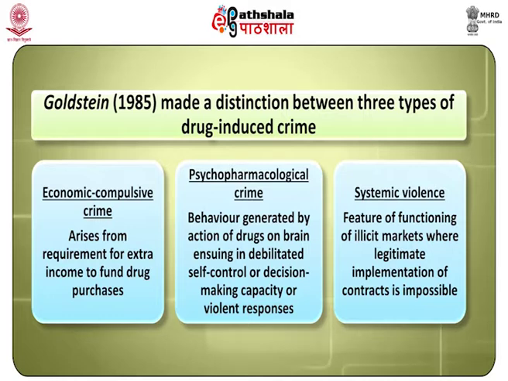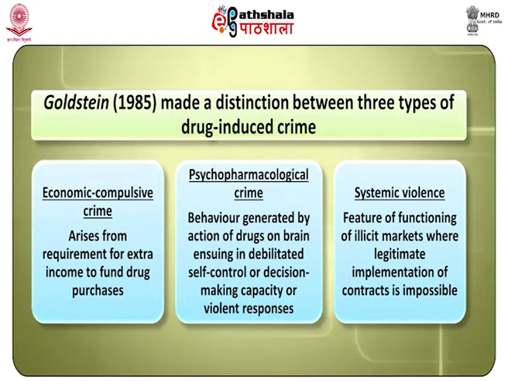Second is the psychopharmacological crime, which is behavioral, generated by the action of drugs on the brain, resulting in debilitated self-control or decision-making capacity or violent responses to external provocation.